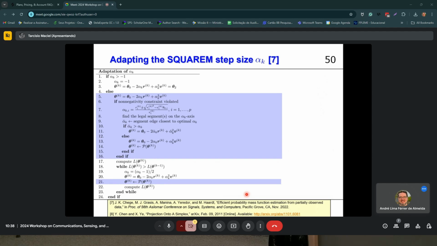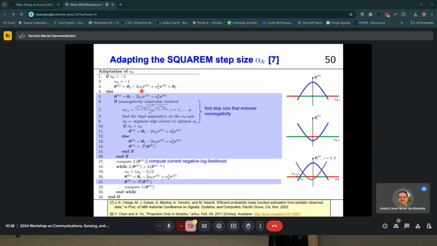Basically, for this update equation, we need to select a step size, this alpha k, that ensures that the solution is within these constraints. So that is what happens in this blue part here.